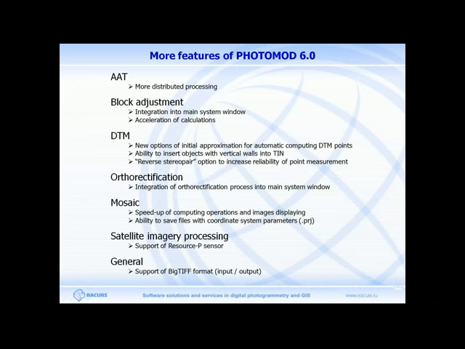So, more features of PHOTOMOD 6. About triangulation, there is more distributed processing. As I said, it's about distributed processing for triangulation of UAS projects. Block adjustment, integration into the main system window, acceleration of calculations. I can show you.